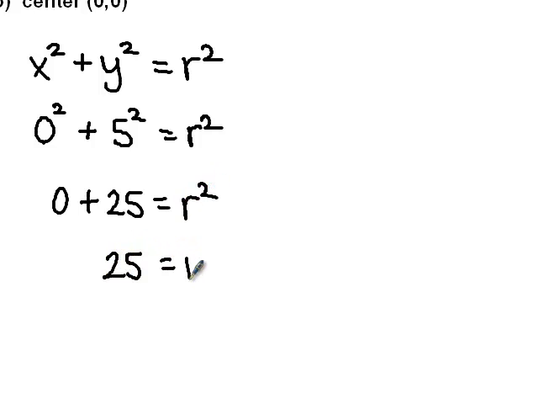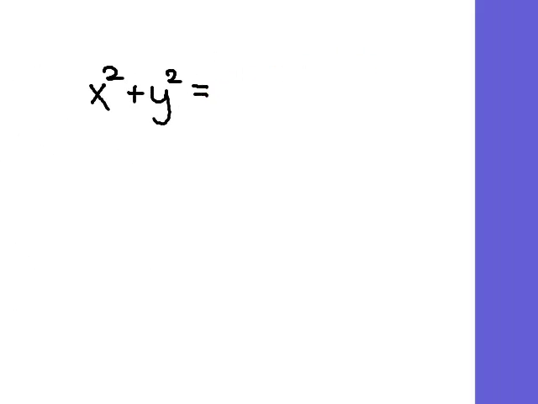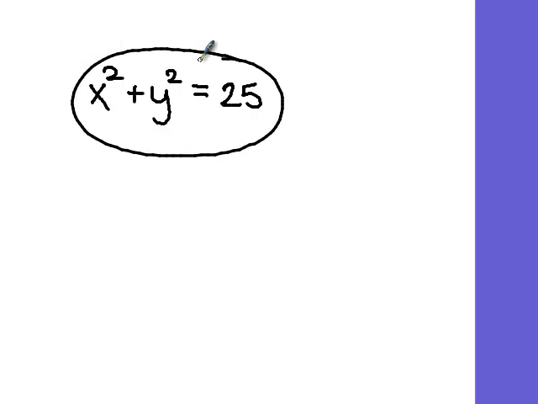So 25 is r squared. So now we just have to rewrite it. x squared plus y squared equals r squared, which is 25. And there it is.